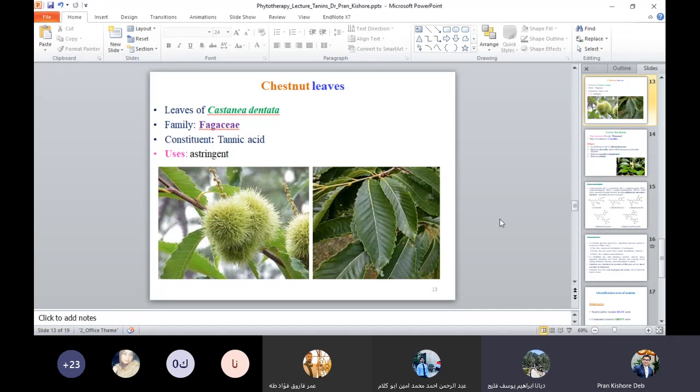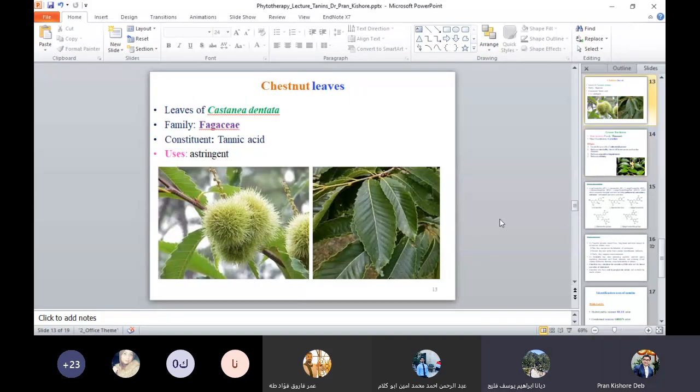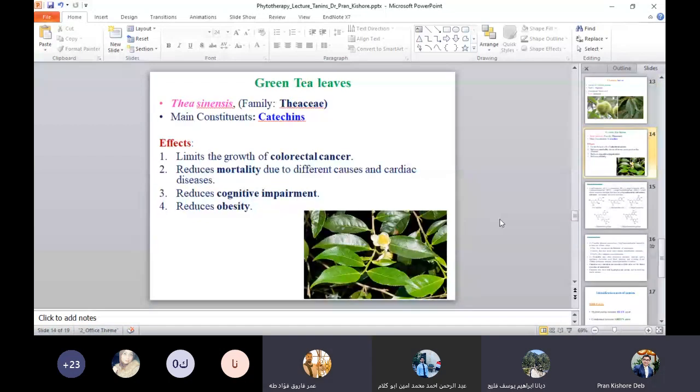Chestnut means كستنة in Arabic. So yeah, Castanea dentata. Yes, it's available. They usually see it as brown colored. When it grows, it becomes brown later.